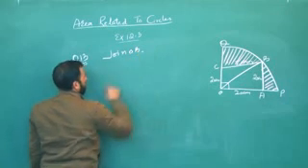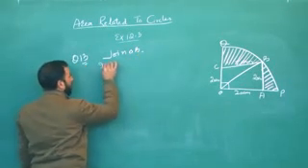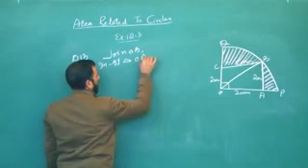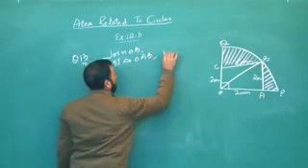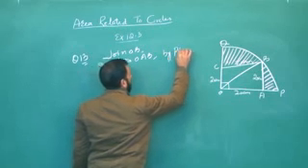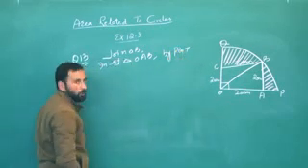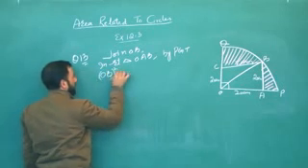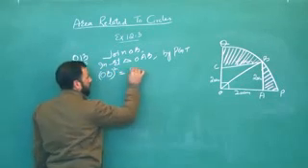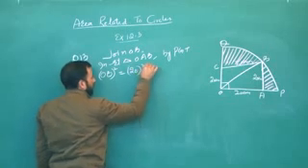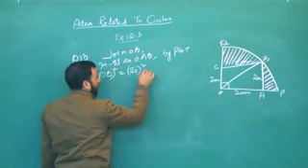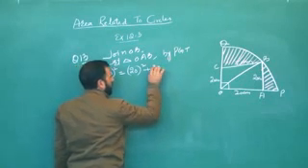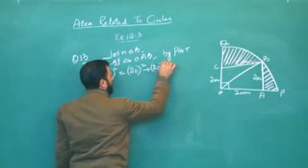OB. Now in right triangle OAB, by Pythagoras theorem, hypotenuse square, here OB square, is equal to base square, OA square, that is 20 square, plus altitude square, AB square, it is also 20 square.